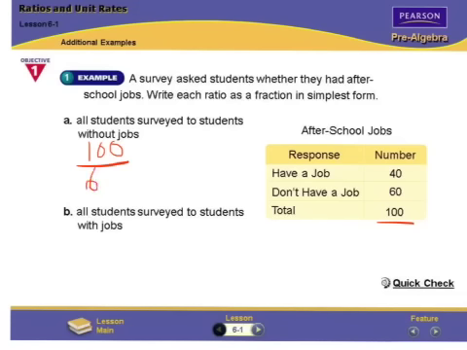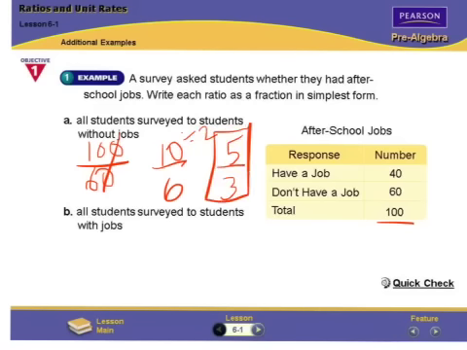That would be 60. Now we could start off by dividing both of those by 100, and we would have 10 over 6. Could you divide both of those by 2? And you would get 5 over 3. There would be your ratio, 5 to 3.